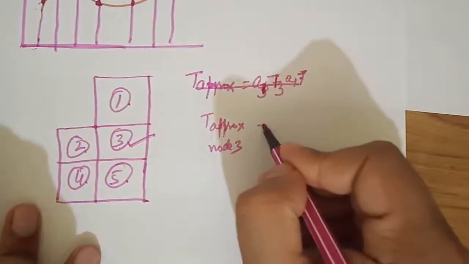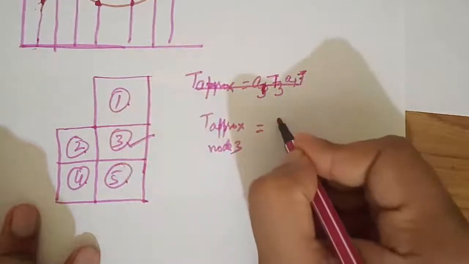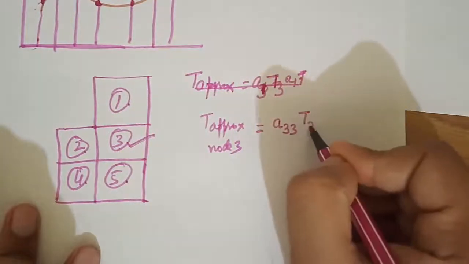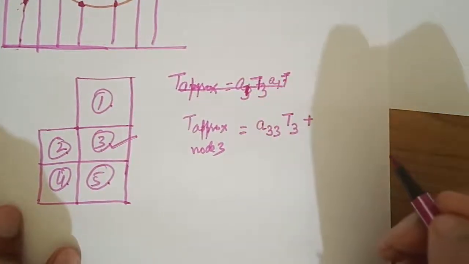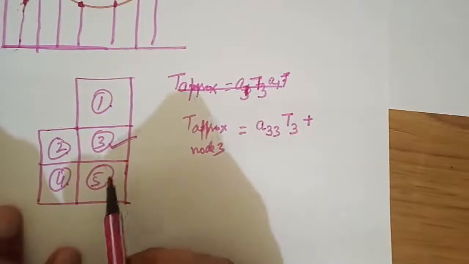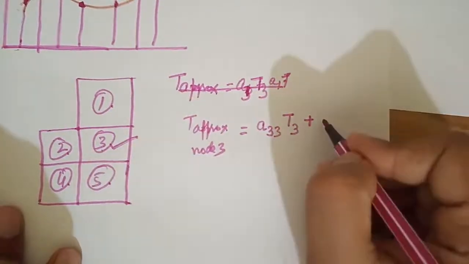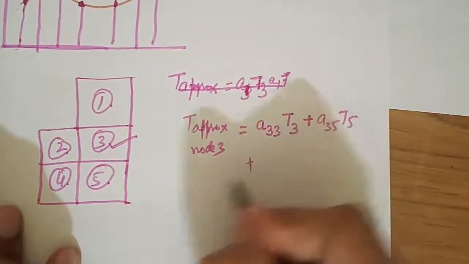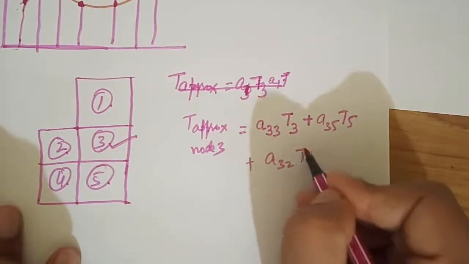So this should be essentially A33 T3 plus, what else? 3 is impacting 5, so it should be A35 T5, plus it is impacting 2, A32 T2.